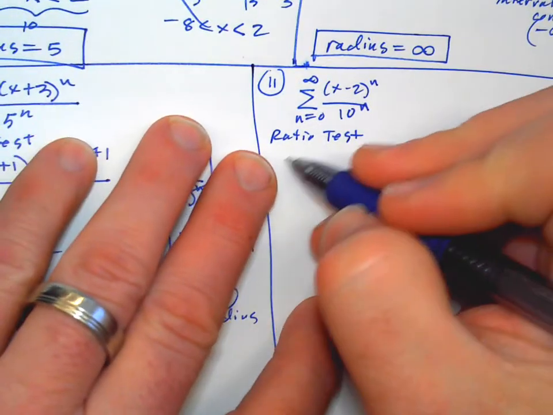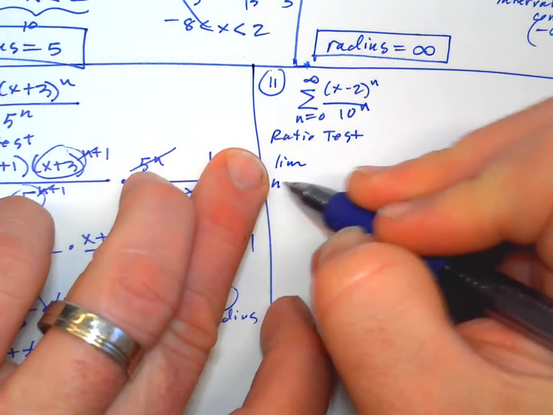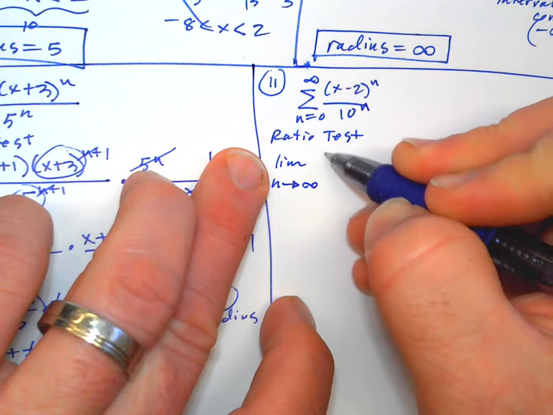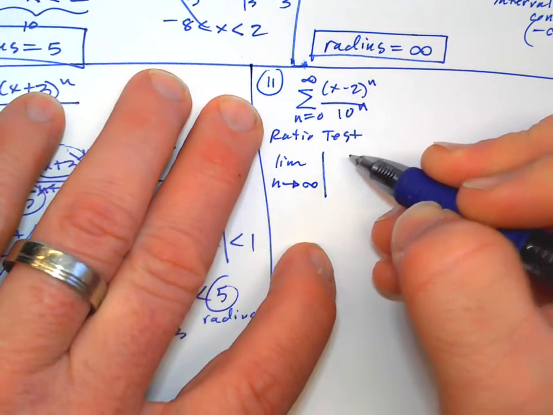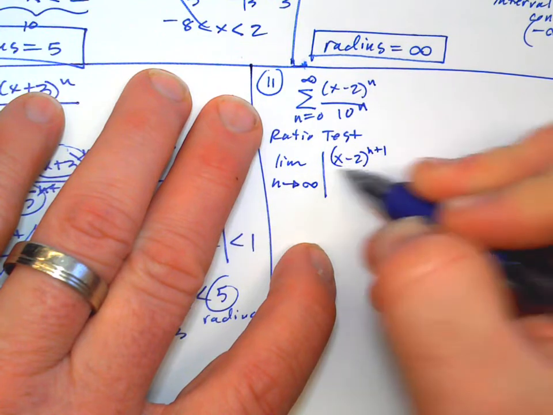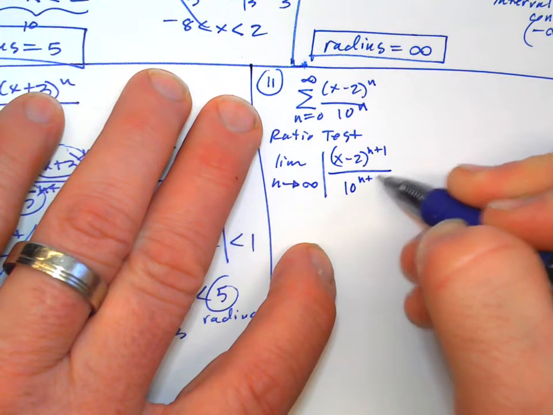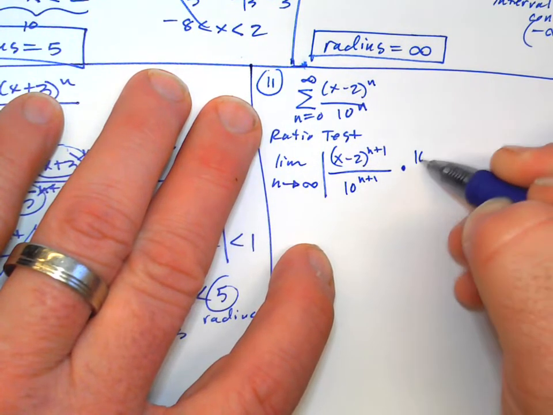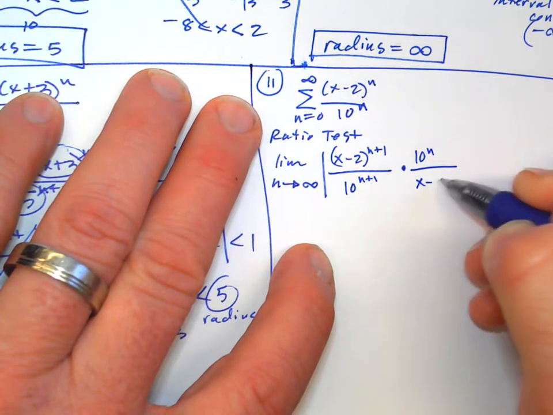Ratio test, limit as n goes to infinity, the absolute value of (x minus 2) to the n plus 1 over 10 to the n plus 1 times 10 to the n over (x minus 2) to the n.